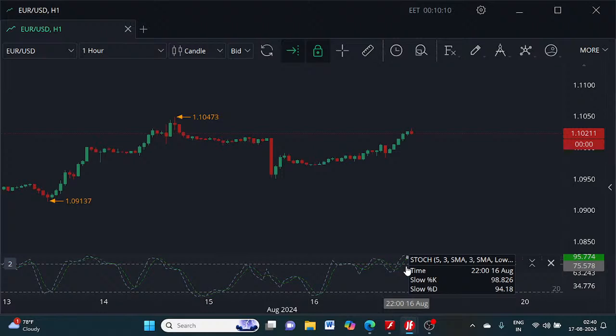In the stochastic, you will see continuous changes happening. Sometimes it is in overbought territory, sometimes it is in oversold territory, and then the crossovers also happen when it is well within the normal price bands. If it is below 80, that doesn't really mean that it can't go any higher. It might go higher.